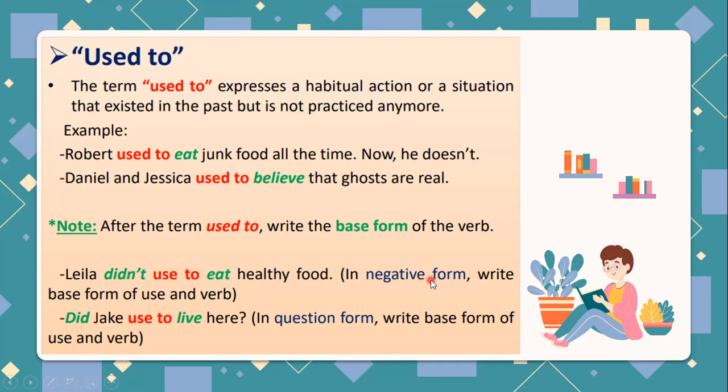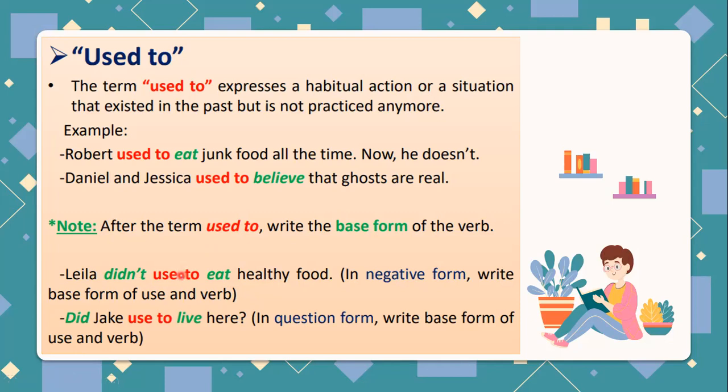Okay, so in the negative form, we write the base form of use and the verb. I do not say used. I do not add D here. Didn't use to eat. I keep them the same here. So here I had used, here I say use, I remove the D, if you cannot see the difference.